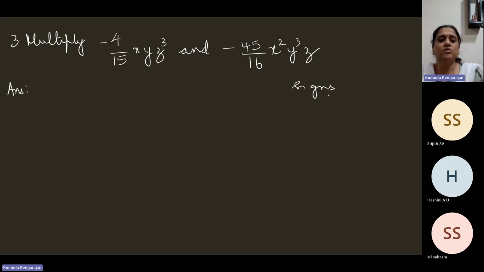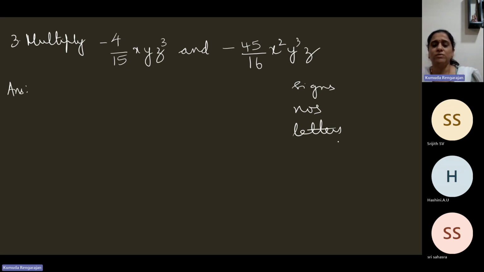Let me finish. When it's multiply, they need not be like terms. You can multiply both like terms and unlike terms, any two terms. And you multiply the signs, you multiply the numbers, and you multiply the letters also.